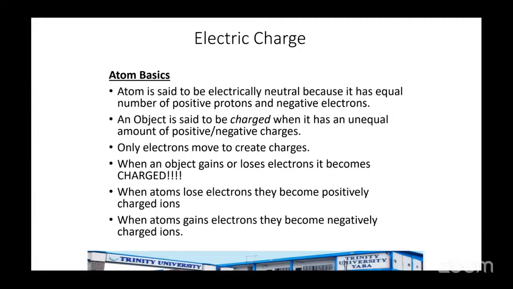If we say an object is negatively charged, it means there are more negative charges than positive charges in that object.